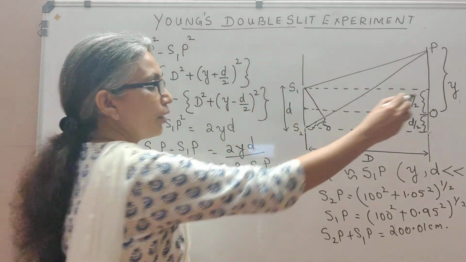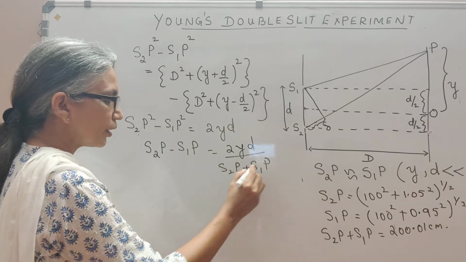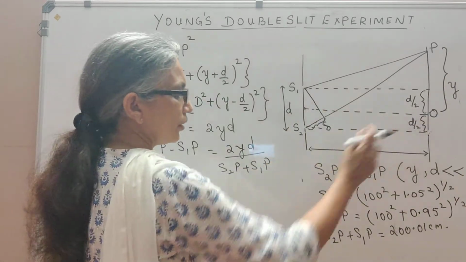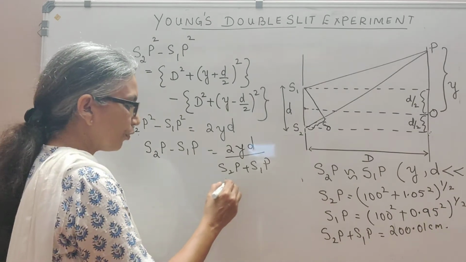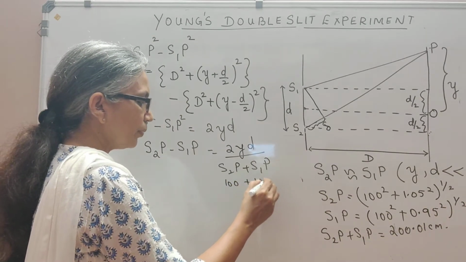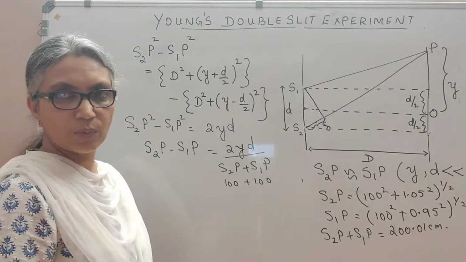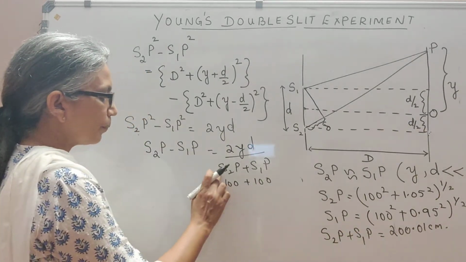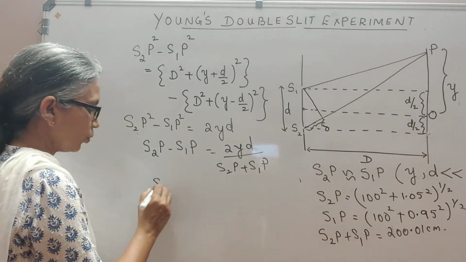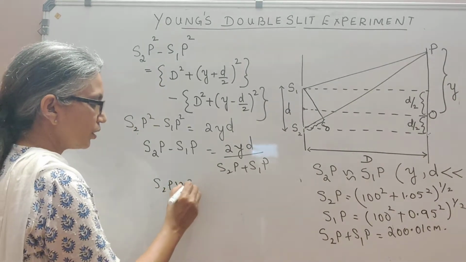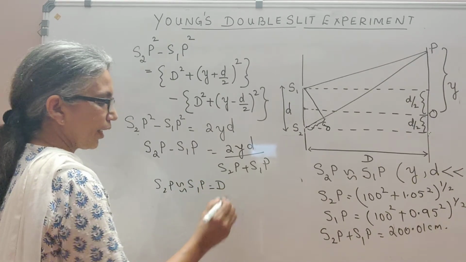If d and Y are much smaller than capital D, I can approximate this to capital D, right? Because capital D is 100 in our example. So if I write 100 and 100 here, I get 200, which is very close to 200.01. So I may approximately write S2P almost equal to S1P, which I will take as capital D.